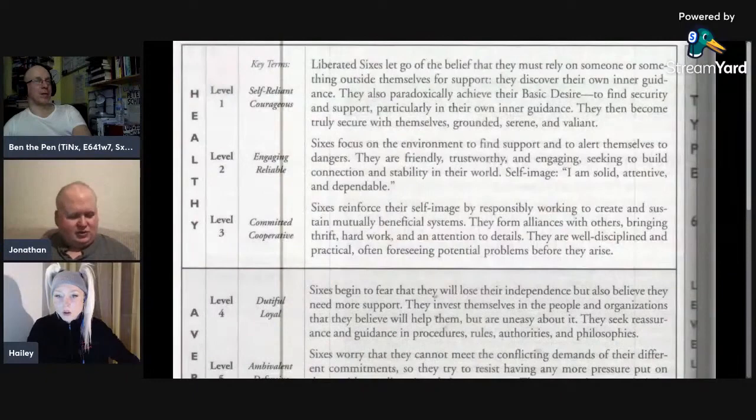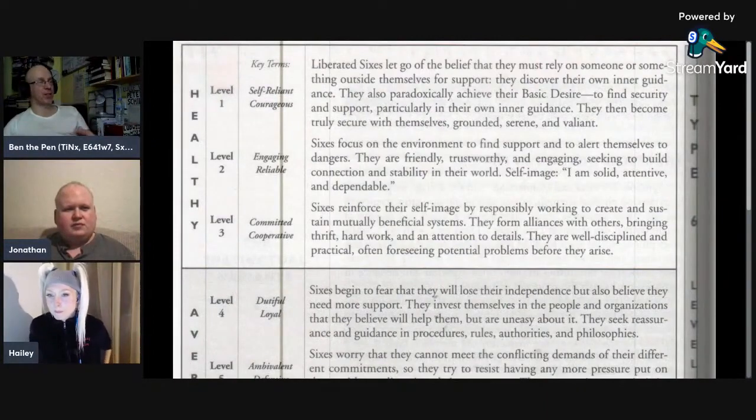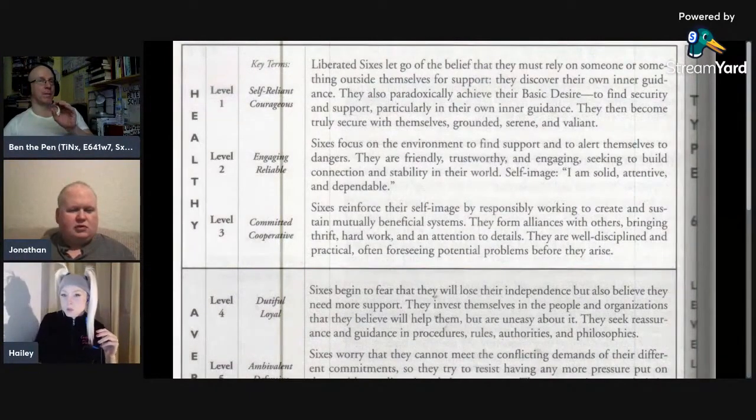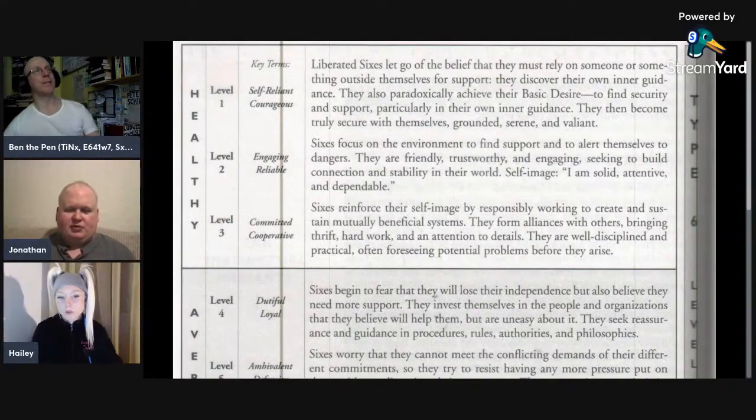It's from Tom Condon, the subtypes. Should I read that first in the private chat? I'll just say Tom Condon is a 6 himself and is into NLP, and I think is a concrete type. I think his Jungian type is either ISTP or ISFP. Basically, this is the self-preservation stuff that we wrote about.